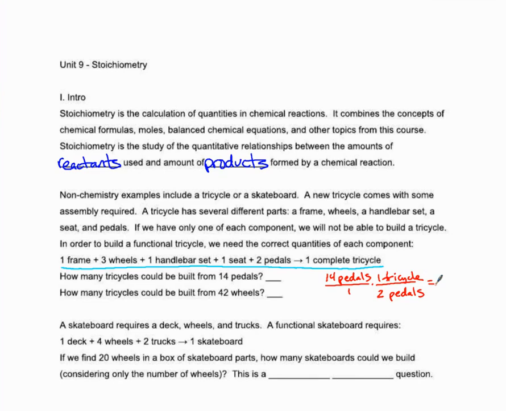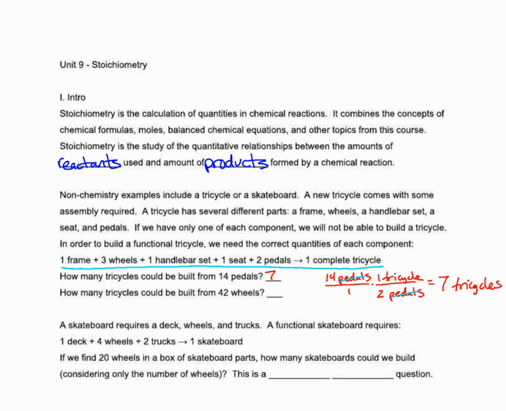And this is really a dimensional analysis problem because pedals would cancel out and leave you with tricycles. 14 divided by 2 essentially is what we're doing. And these basic examples, non-chemistry examples, you can mostly do in your head.